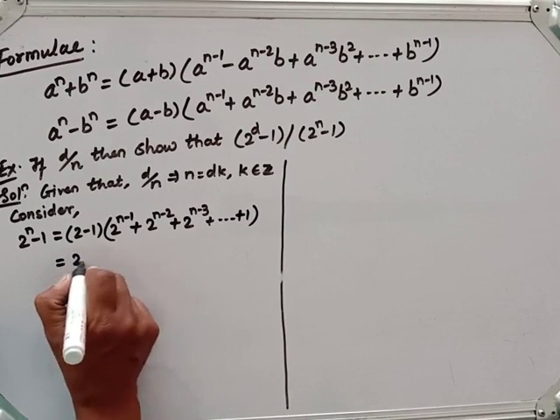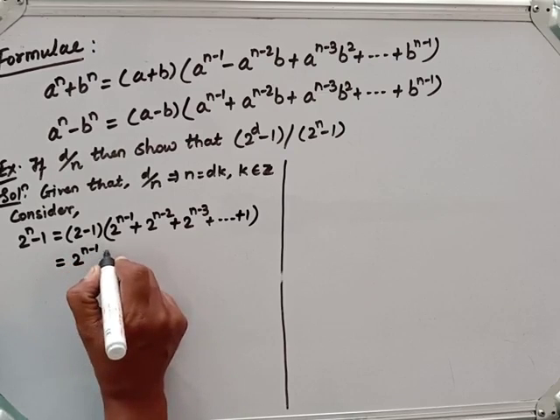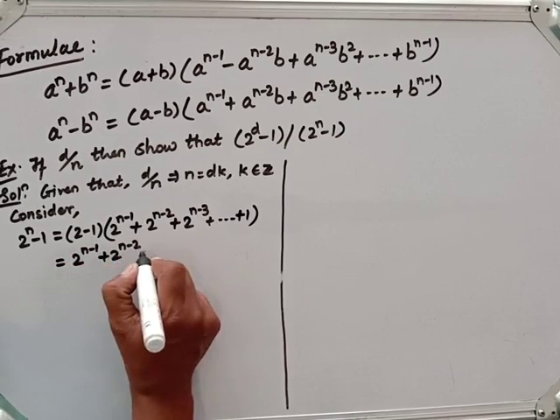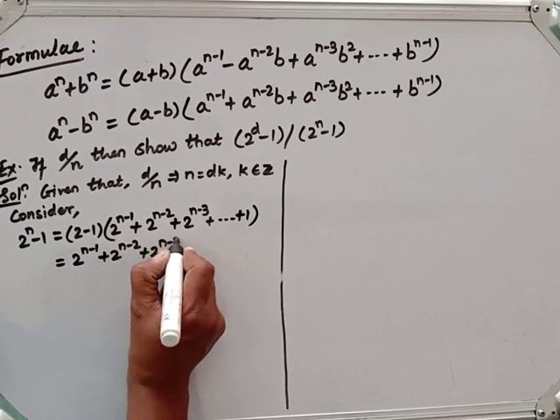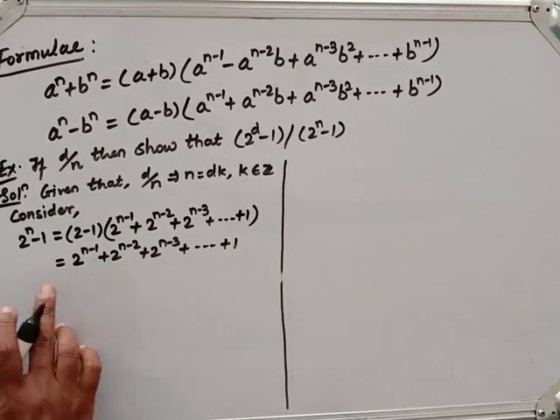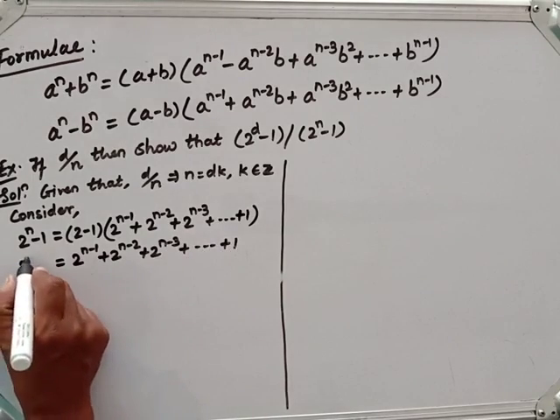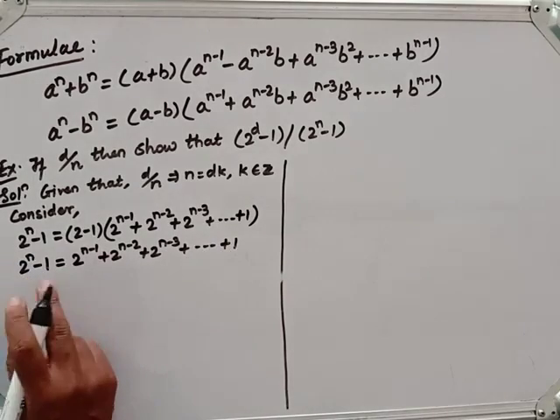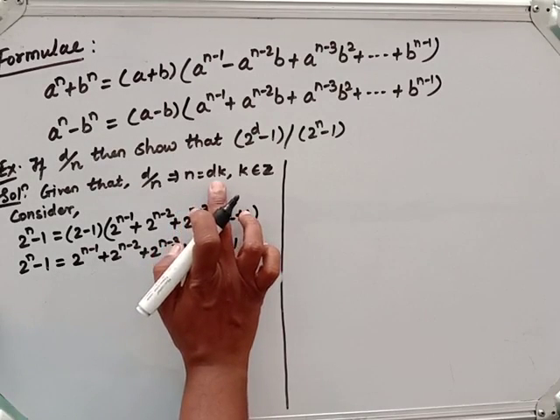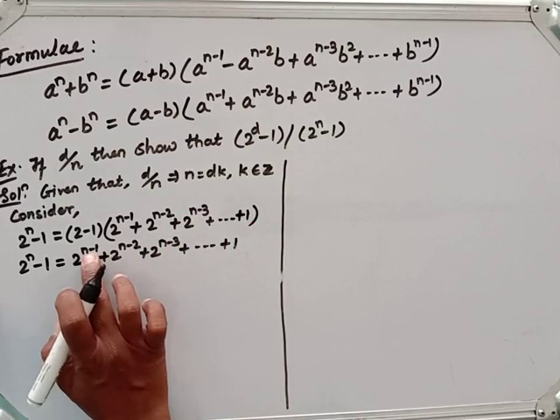So here, equal to 2 raised to n minus 1 plus 2 raised to n minus 2 plus 2 raised to n minus 3 plus, and so on, up to 1. Now here 2 raised to n minus 1, we get this. Now let me put the value of n. Let us put that value here on the right hand side.